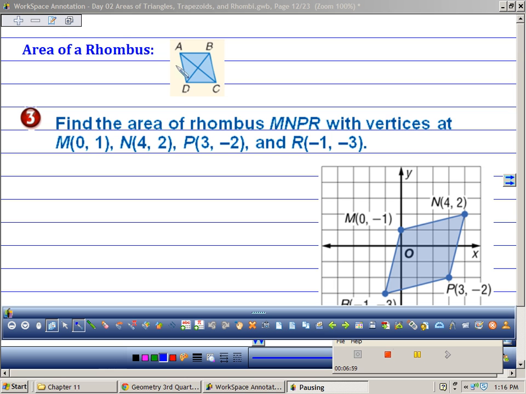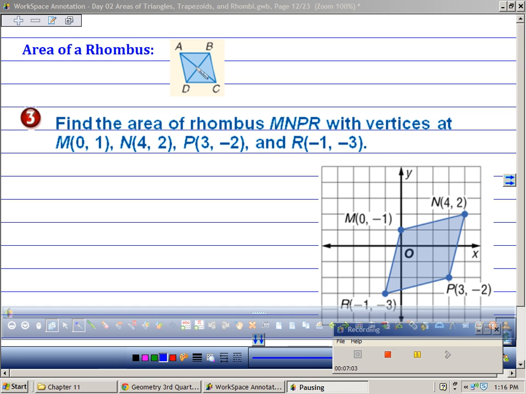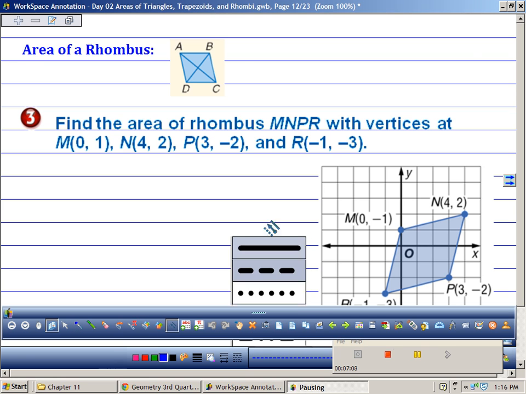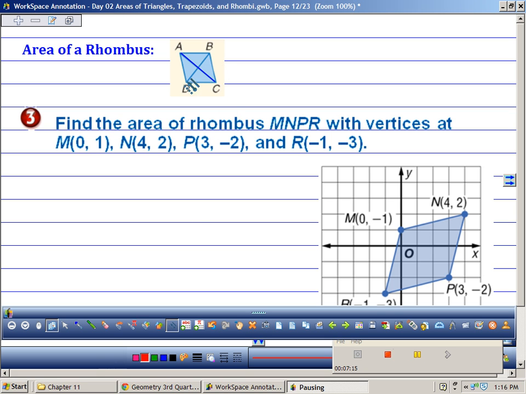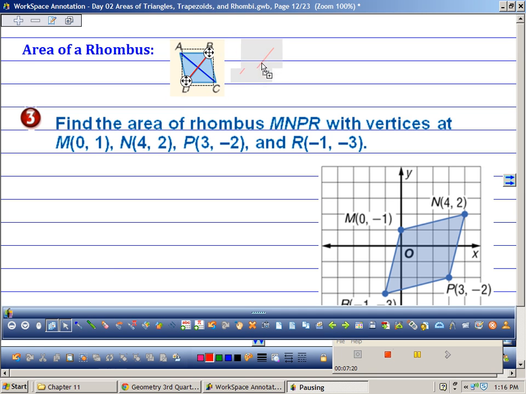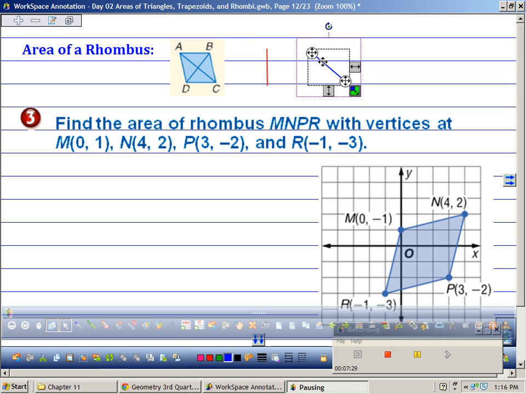So the area of a rhombus is a little bit harder to see conceptually. It's basically, if I take, let's see if I can draw it quickly, the diagonal and the second diagonal and multiplying them by each other, right?